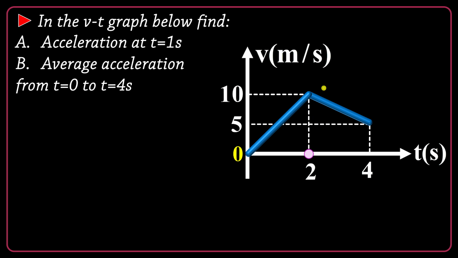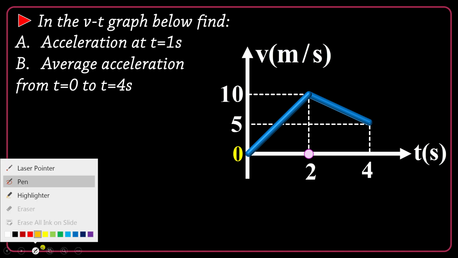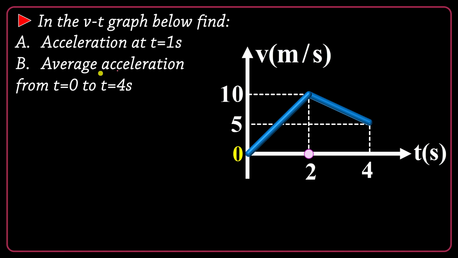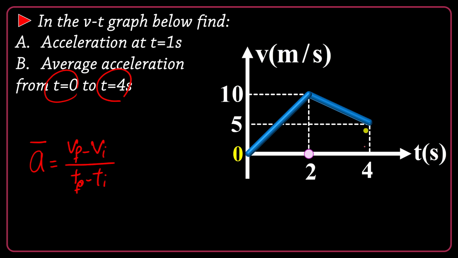But part B is different. Guys, pay attention. Part B is very critical. Average acceleration from 0 to 4. You remember, average acceleration was v final minus v initial over t final minus t initial. Look at the whole motion. Final moment is 4.